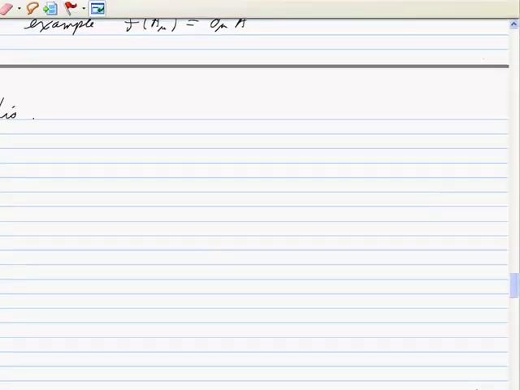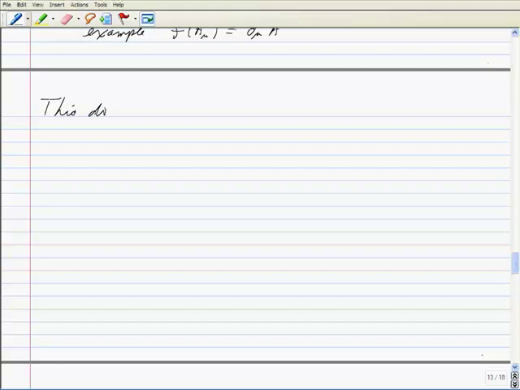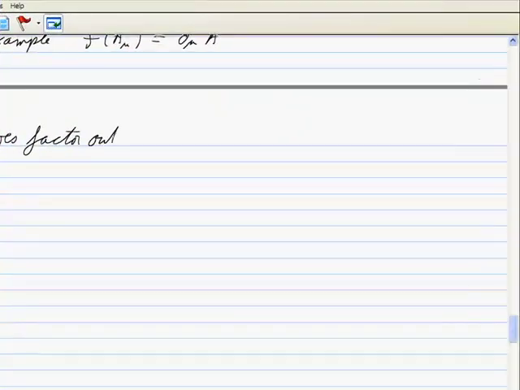Okay, so what I'd like to do now is to show you that this works in factoring out the gauge transformations. Okay, so let's just do it.